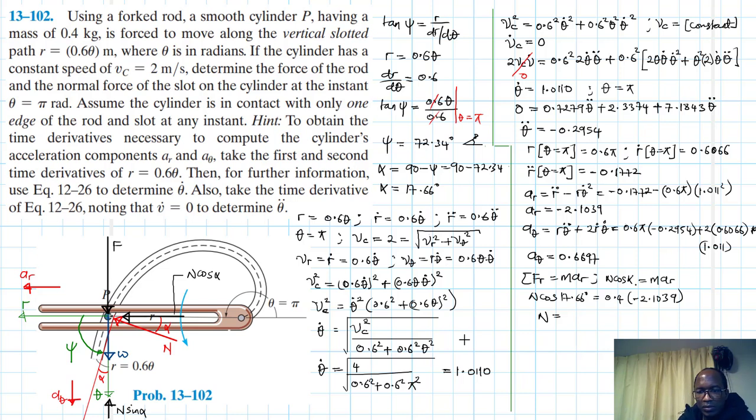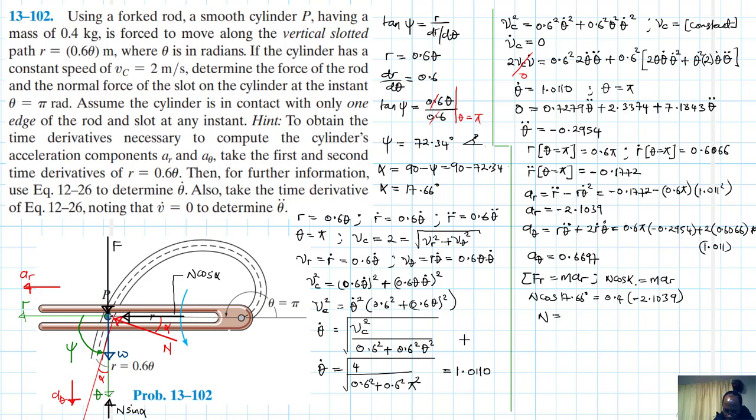Therefore, N is just equal to 0.4 by 2.1039, of course this is a minus, divided by cos 17.66. So we get 0.8832 newtons.